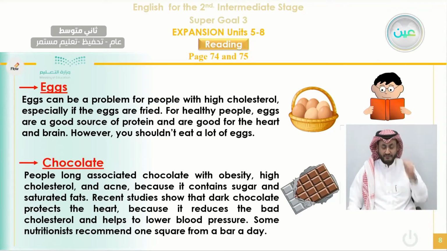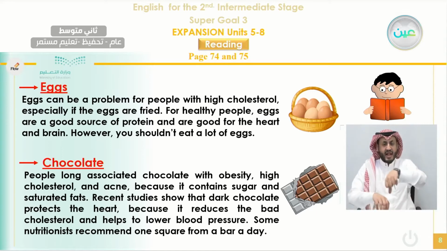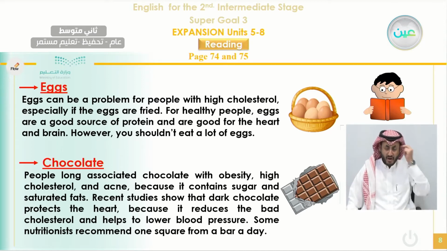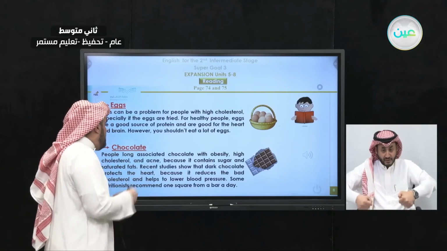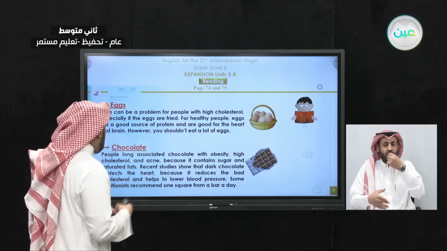With high cholesterol also, and acne, as we said before, the spots that come on the face or the general body of youngsters. Usually with youngsters, there are some spots, and we call it acne. People a long time ago thought that chocolate was the reason behind this. If they ate chocolate, they would have acne, high cholesterol, and obesity.